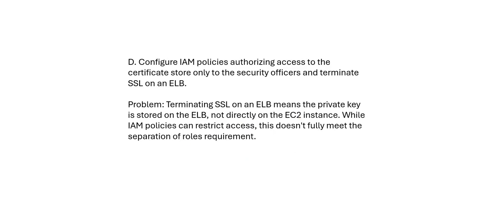So option D, they say configure IAM policies authorizing access to the certificate store only to security officers and terminate SSL on ELB. See, terminating SSL on ELB means the private key is stored on ELB, not directly on EC2. Using IAM policies, you can restrict this access, but it is not fully meeting the separation of roles requirement.